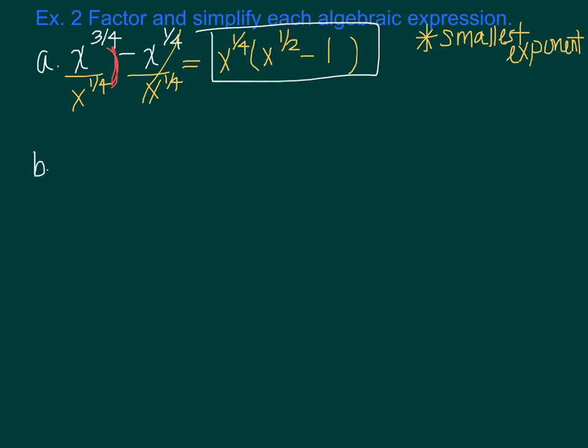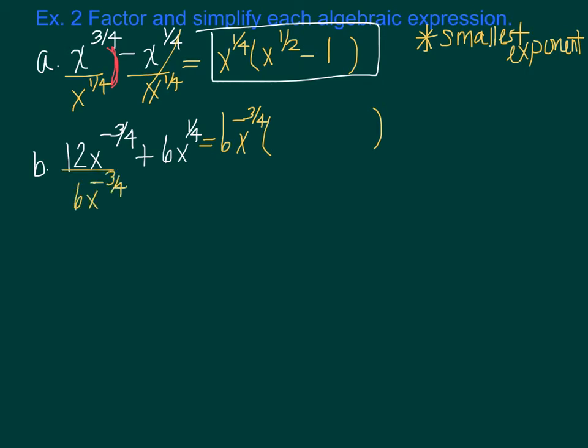B, 12x to the negative 3/4 plus 6x to the 1/4. Okay, the variable with the smaller exponent would be x to the negative 3/4. And then, of course, they have a 6 in common. So that's what I'm going to divide by, or factor out. All right, so for my first term, 12 divided by 6 is 2, and those divide evenly to 1.